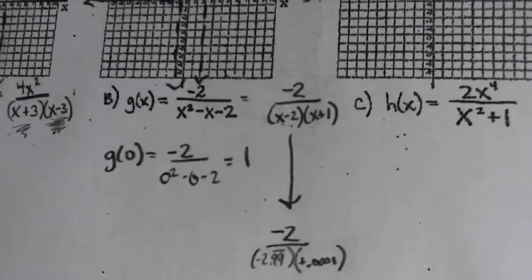We care about, is this going to be a positive number or a negative number overall? Positive, right? Negative divided by a negative times a positive is going to be a negative over a negative, which is a positive. So, positive infinity.